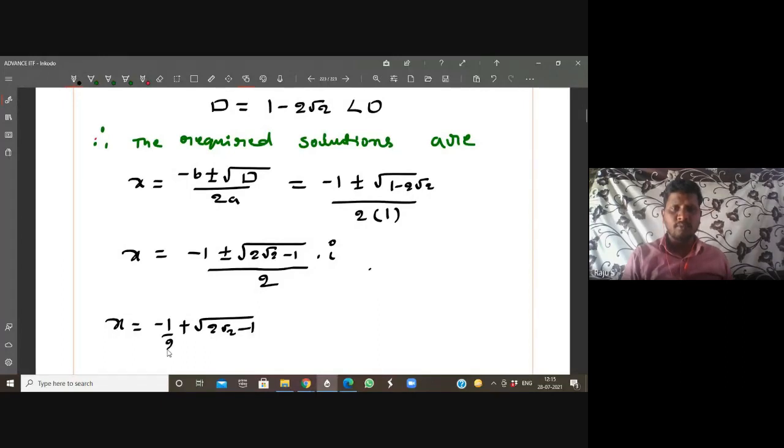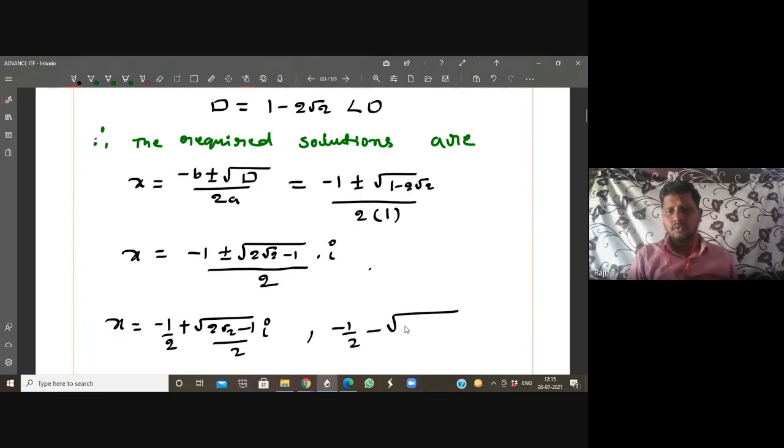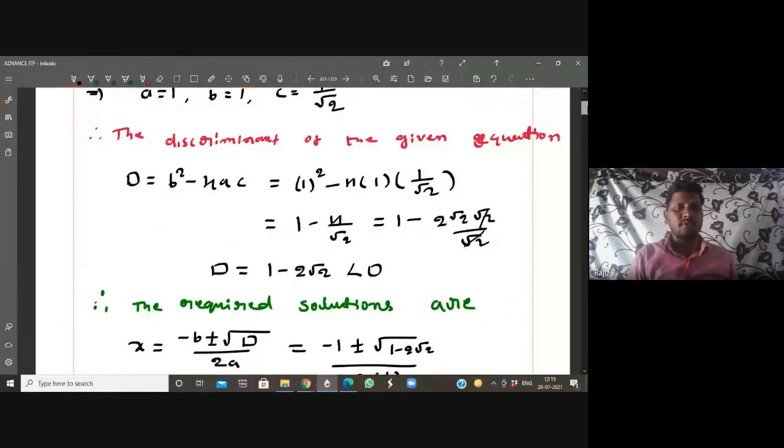This is by 2, this is by 2 into iota. This is one of the complex roots. Another complex root is minus 1 by 2 minus root of 2 root 2 minus 1 by 2 into iota. These are the required solutions. That's all.